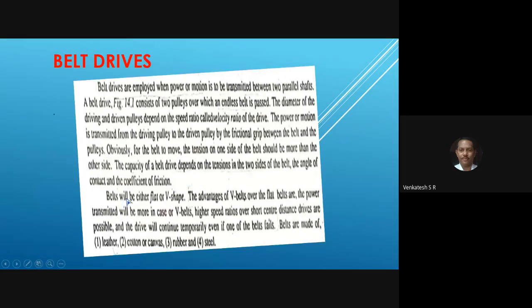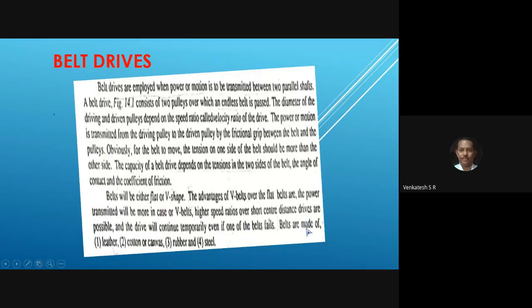Next paragraph, write down. Belts will be either flat or V shape. V means trapezoidal shape.